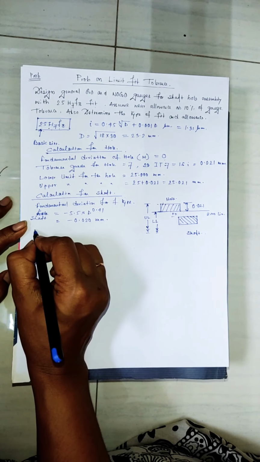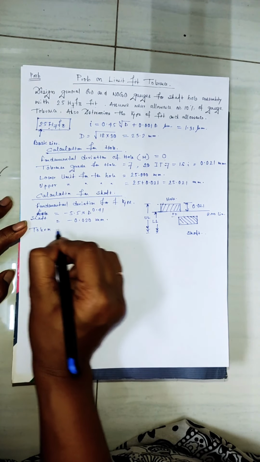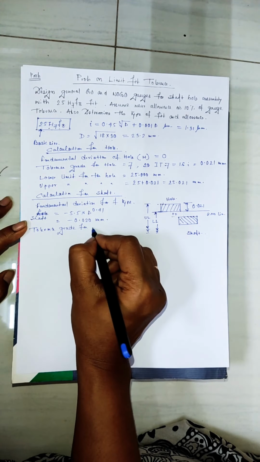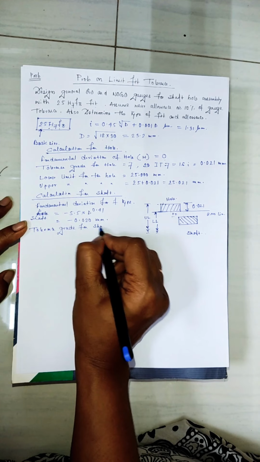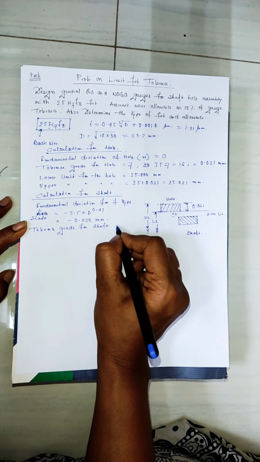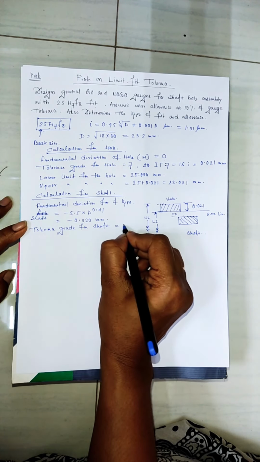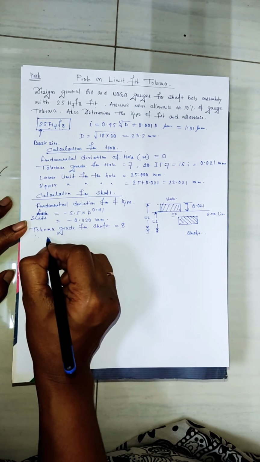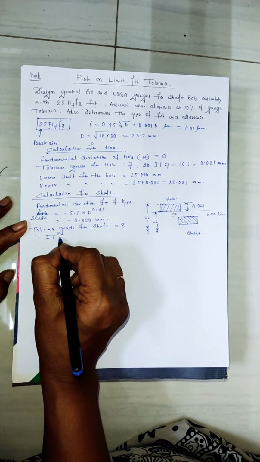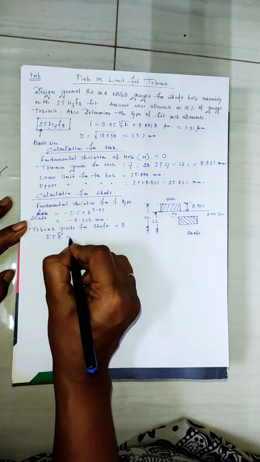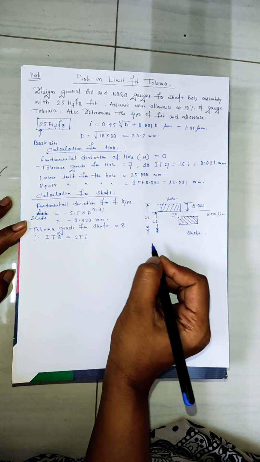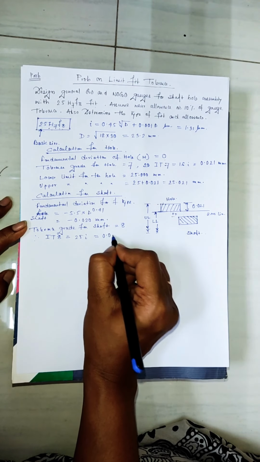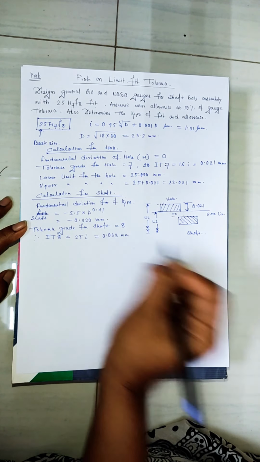So the tolerance grade for the shaft is 8, this F8. For that 8, the international tolerance grade IT8 is equal to 25i, which is 0.033 millimeter.